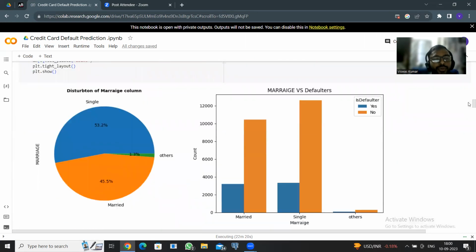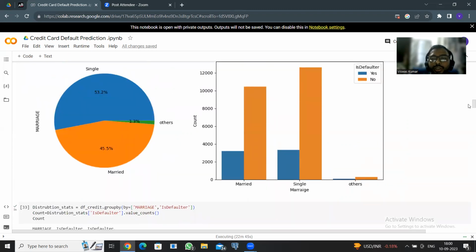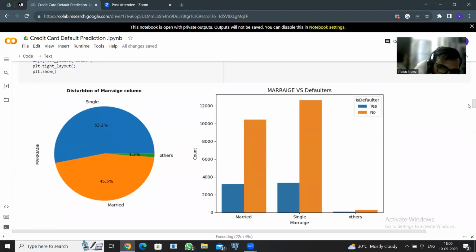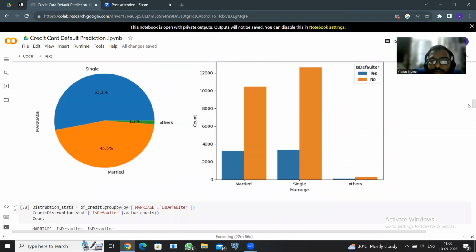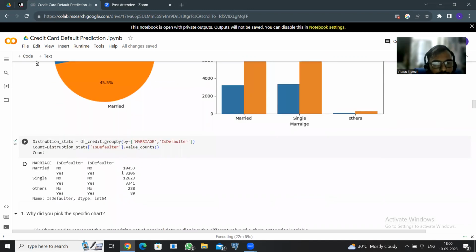Visualization of the marriage column. By pie chart, we can see single persons, married couples and others. Single customers are more numerous in our data set, and the married customers closely follow. In relation to the defaulters, married and single people have an equal number of non-defaulters. In the stats, married have 3000 defaulters and singles also have 3000, so they are evenly distributed.